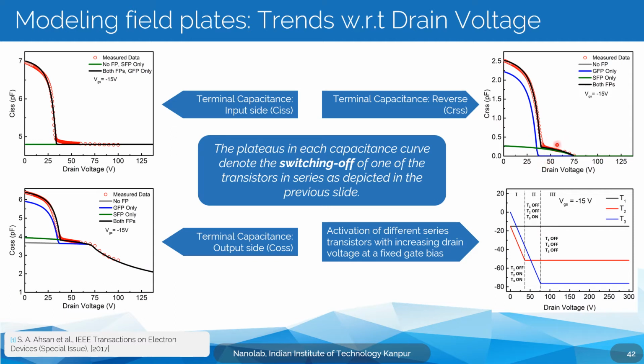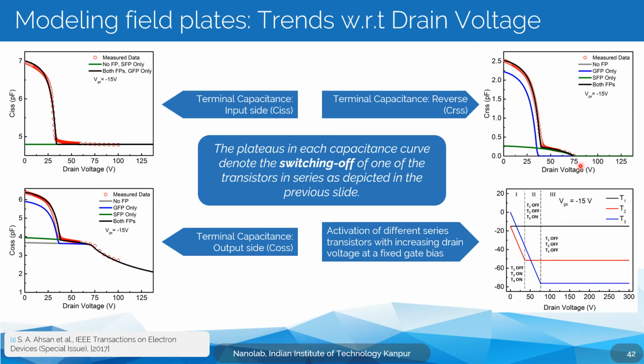And for T3, which is the source field plated device, or the transistor which we converted from a source field plate, that switches off and the capacitance goes back to a fixed value at the voltage where the third transistor switches off, which is somewhere between 50 and 100. From this graph we can see it's almost 75, so it almost goes down to zero at 75 volts.